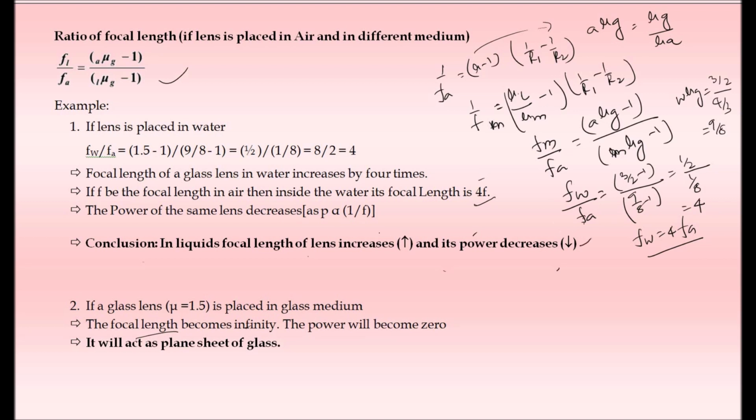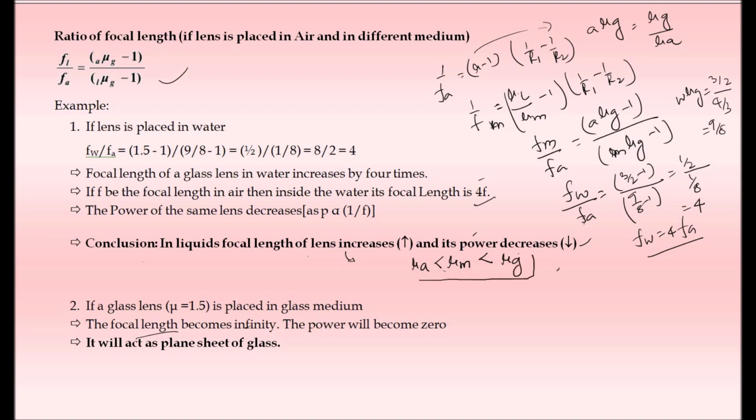This is true when the refractive index of the medium is greater than air but less than the refractive index of glass. So if mu m is the refractive index of that medium, then it must be greater than the refractive index of air, which is quite true because all things have a refractive index more than air, but it should be less than the refractive index of glass.